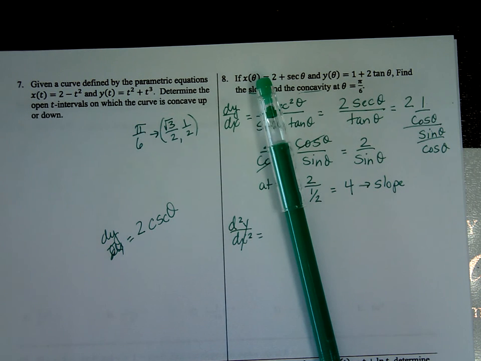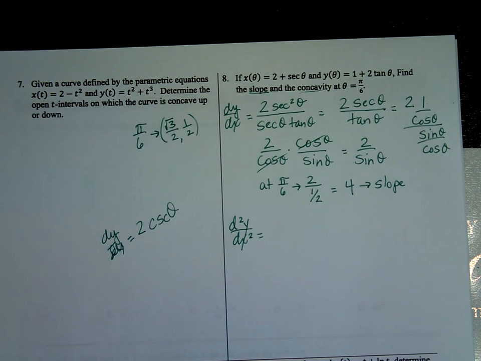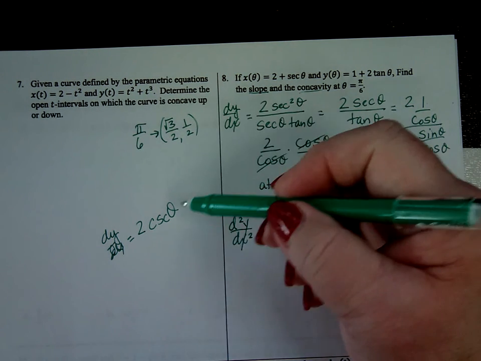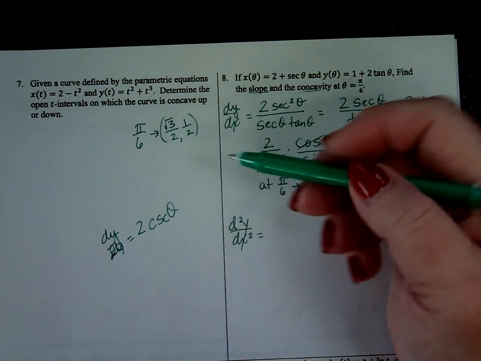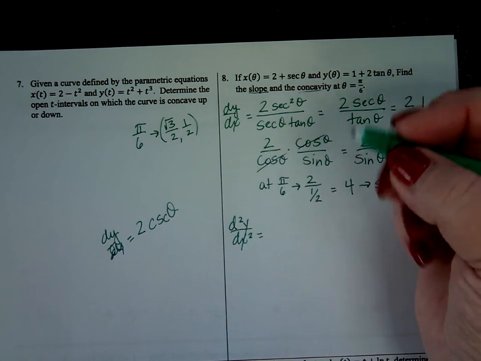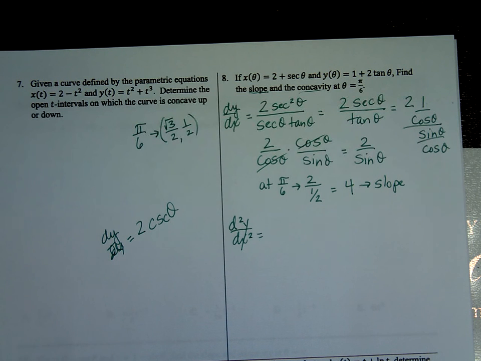Where's my trig rules? Gosh, how did I do this? I don't want to do this incorrectly on here, but you can go back and use your trig rules for cosecant. I don't remember the derivative of cosecant. I should know that off the top of my head.